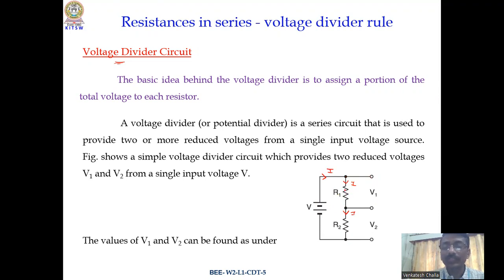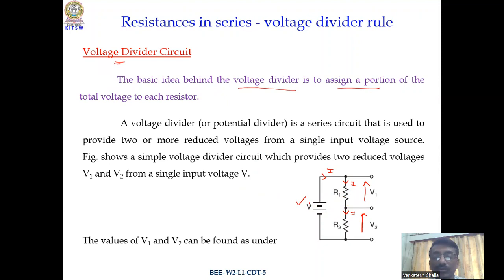Okay, so now let us say the voltage across R1 is V1 and the voltage across R2 is V2. Now what is happening is this total voltage is divided into V1 and V2 for the R1 and R2 resistors. So what can we find here? The basic idea behind the voltage divider is to assign a portion of the total voltage to each resistor.